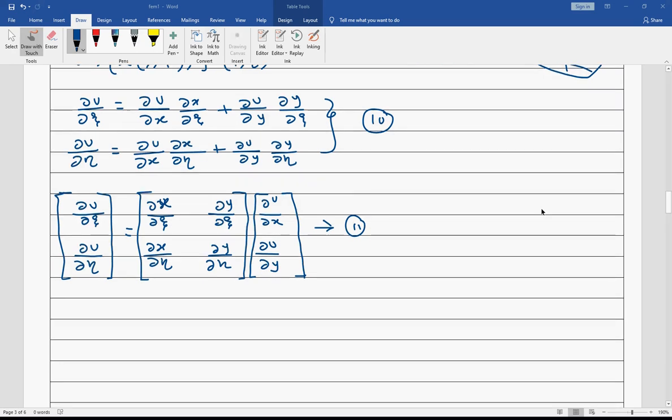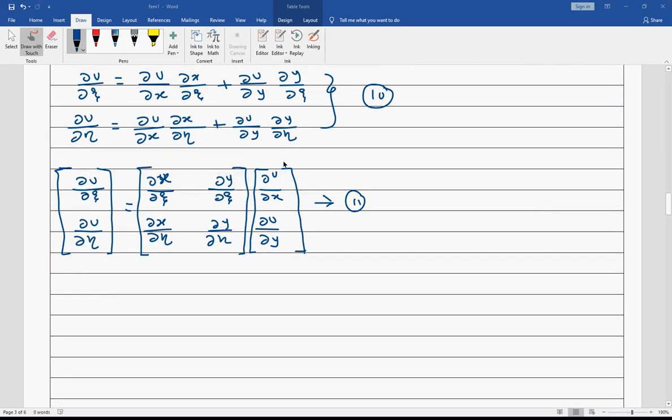Okay, fine. So now basically from equation 11 I get the J. So J equal to delta x by delta xi, delta y by delta xi, delta x by delta eta, and delta y by delta eta.